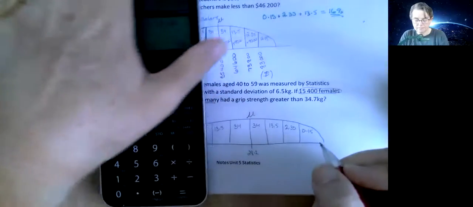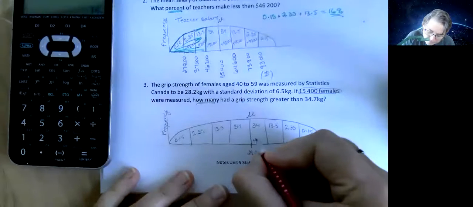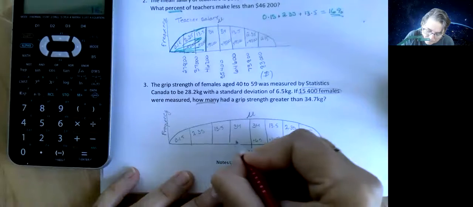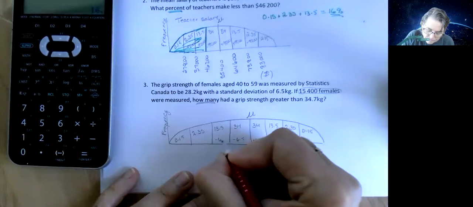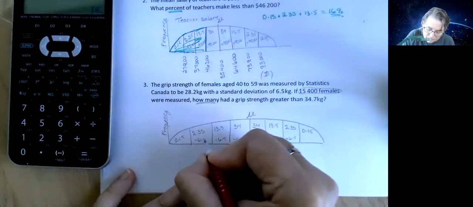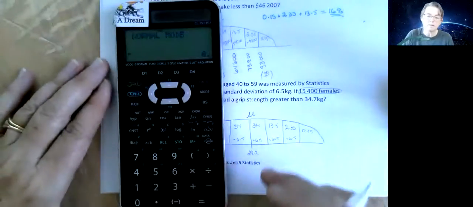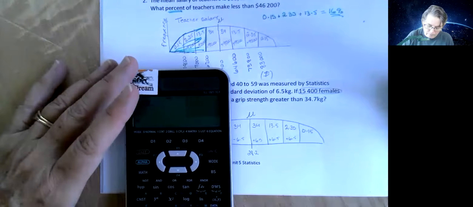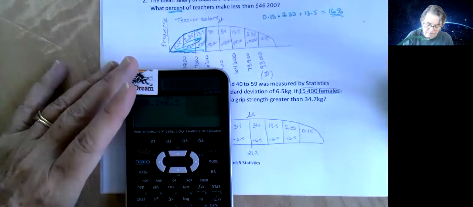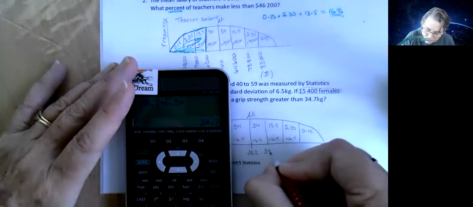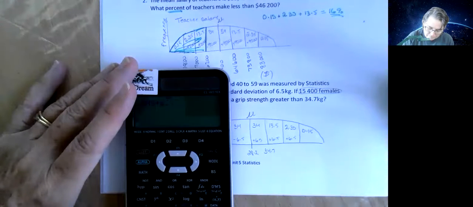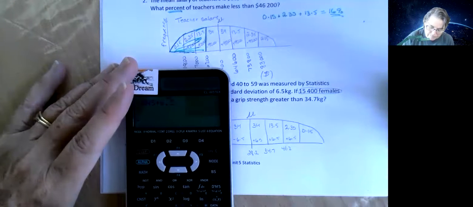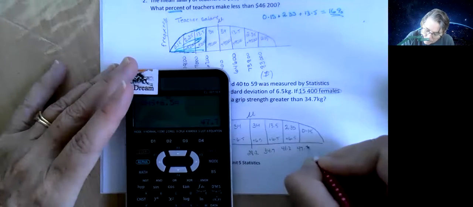And then, whoops, let's do it the easy way. All right, so there we are. 28.2 plus 6.5 is 34.7. Then 41.2, then 47.7.